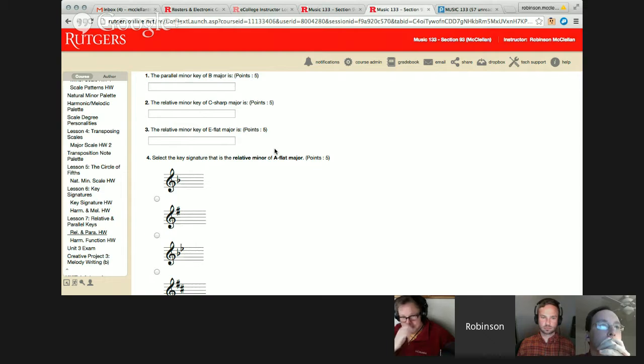So the trick, I'll just stick with relative minor for a second. I think the thing that can be tricky for people is how do you find one from the other, and people have different ways of doing it. But the way I have the easiest time is to go either 6 steps up or 3 steps down.